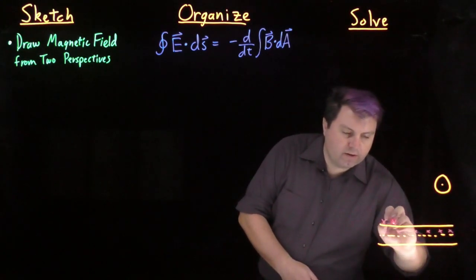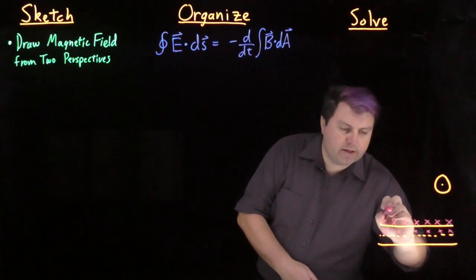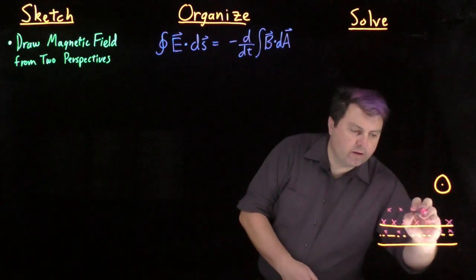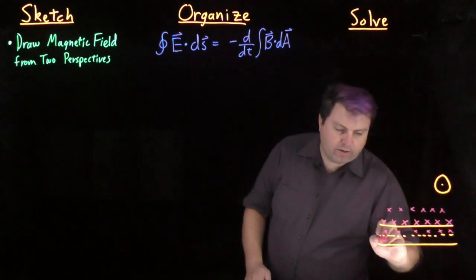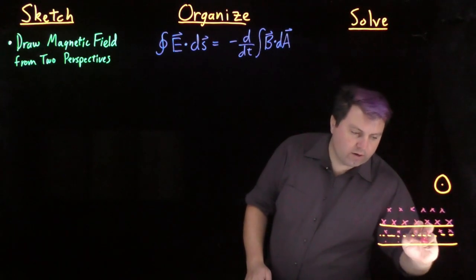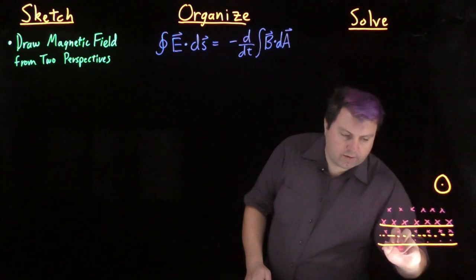Maximal field right at the edge, and then the field will slowly drop off. And we can do similar things for the other side.